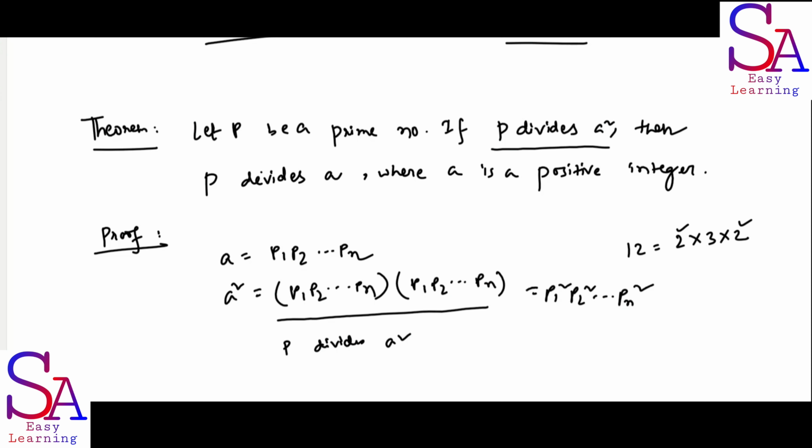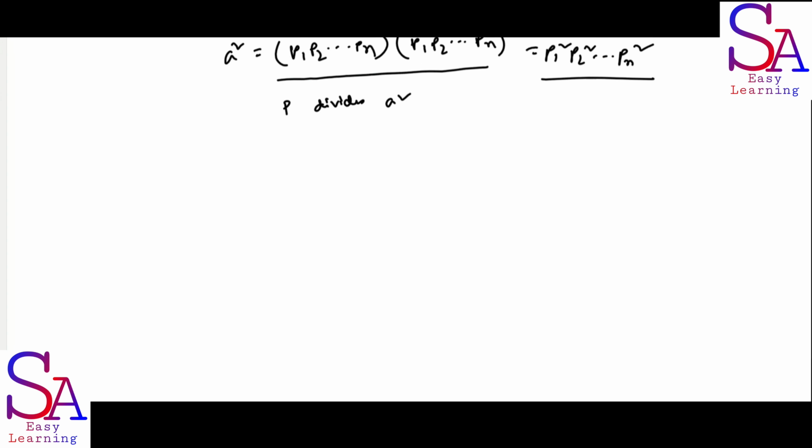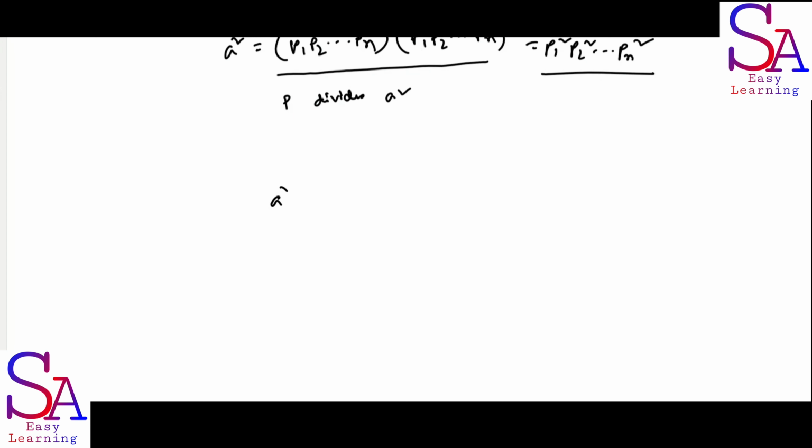Now, using the uniqueness part of the fundamental theorem of arithmetic, we realize that the only prime factors of A square are P1, P2, Pn. So obviously we say that P is one of these.